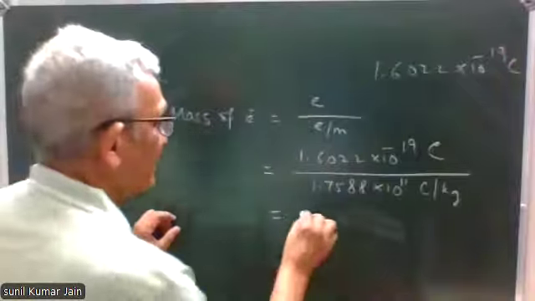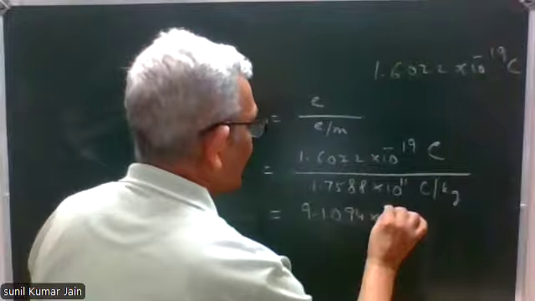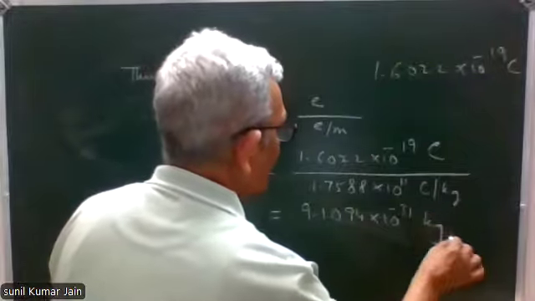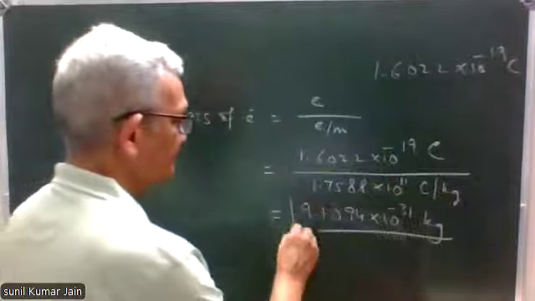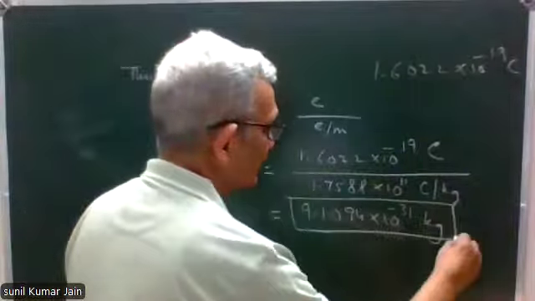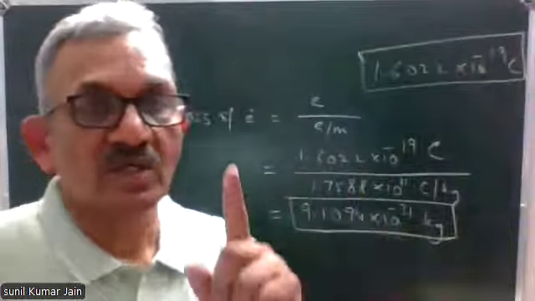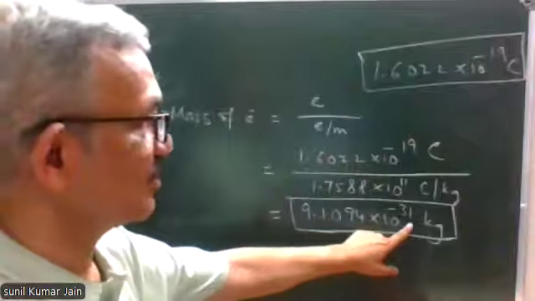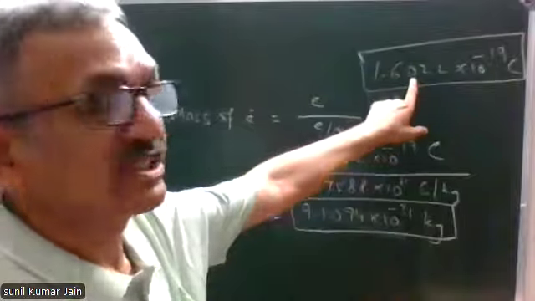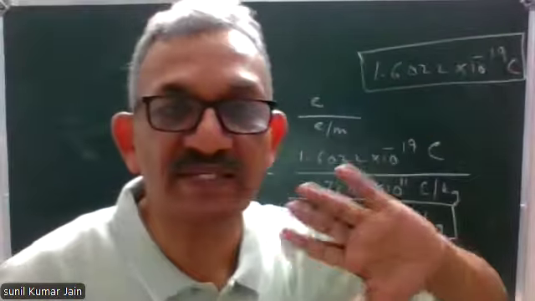On dividing, we get 9.1094 into 10 to the power minus 31 kg. So the mass of electron is 9.1094 into 10 to the power minus 31 kg. Charge of the electron is 1.6022 into 10 to the power minus 19 coulomb.